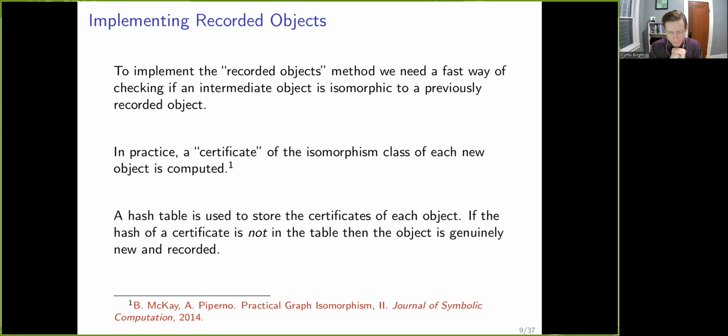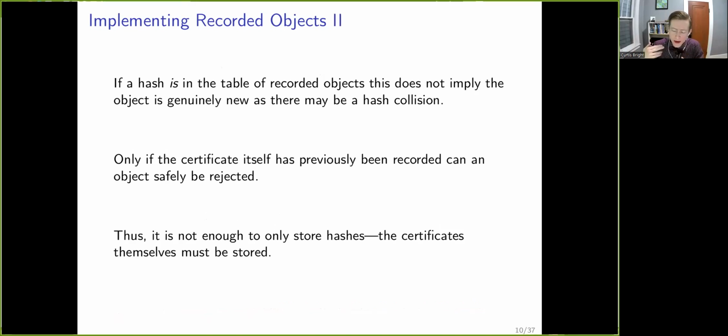So when you're doing recorded objects, let's say you find an object, you take the certificate of the isomorphism class, you take the hash, and it is not in the table. This guarantees that this is a new object, so we cannot reject it. If the hash is not in the table, it's new, so we add the certificate into the hash table. Now, if the hash is in the table, this is a bit more complicated, because you would like to assume that you've already seen this object and therefore reject it.